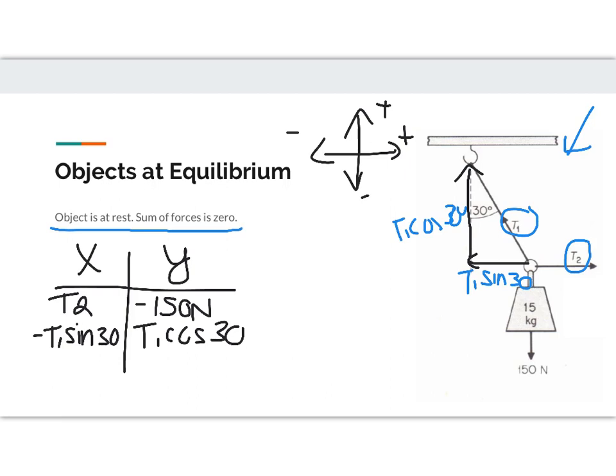So I'm going to solve for T1 and T2 using the fact that all of these are equal to 0. This is really going to help me. In my y direction, the sum of forces in y is equal to 0.